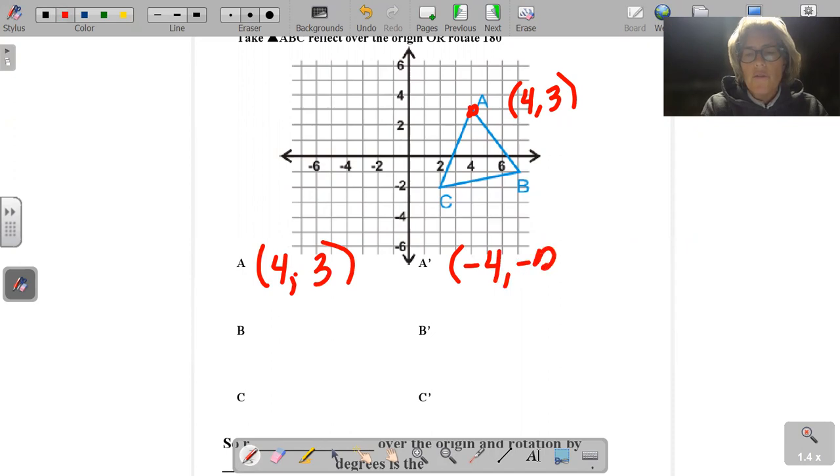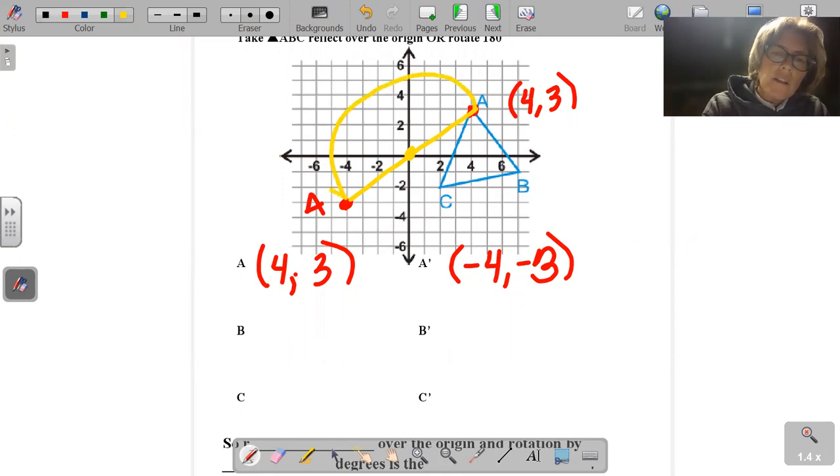-4, -3. That's your A prime. And you can see I have flipped or reflected over the origin and I have rotated 180 degrees.